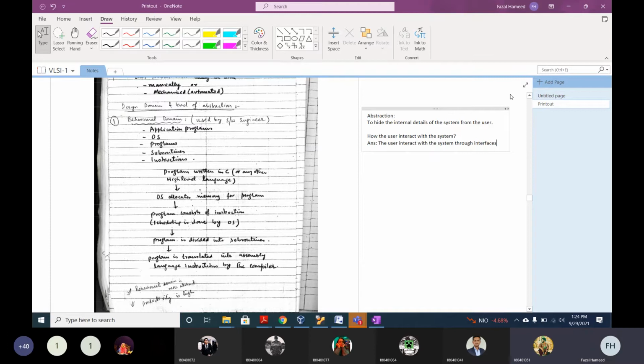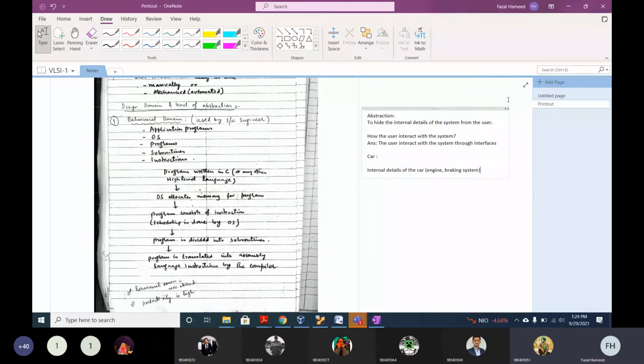So let's take the example of a car. What are the internal details of the car? Engine, braking system, suspension system. But the user does not know how the engine works or how the braking system works.